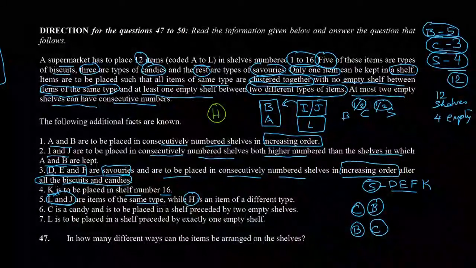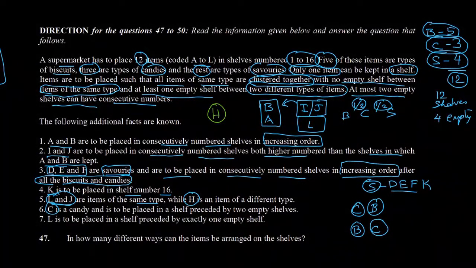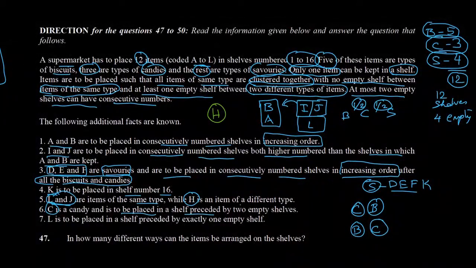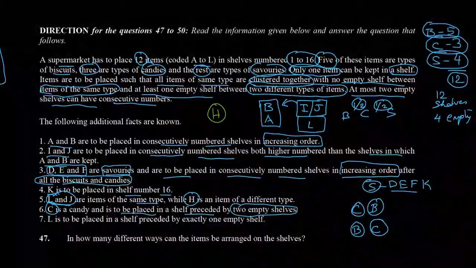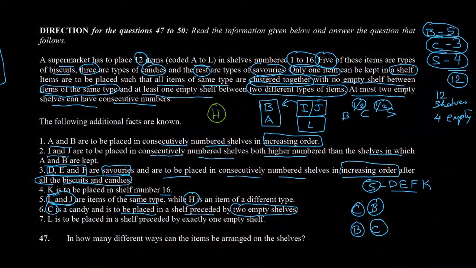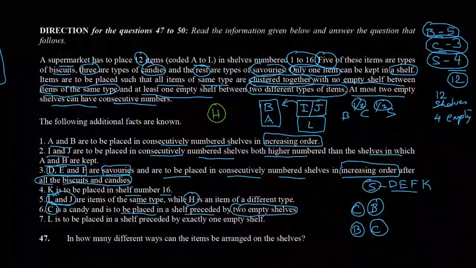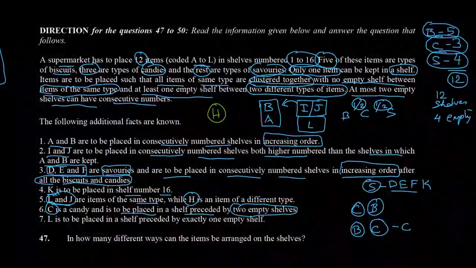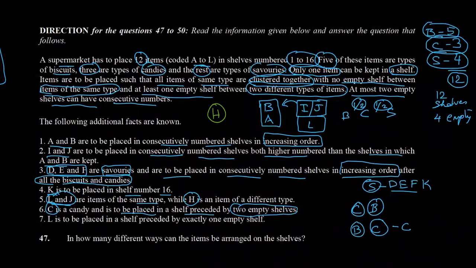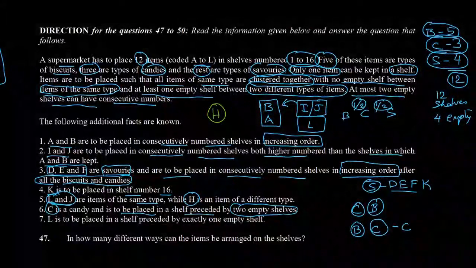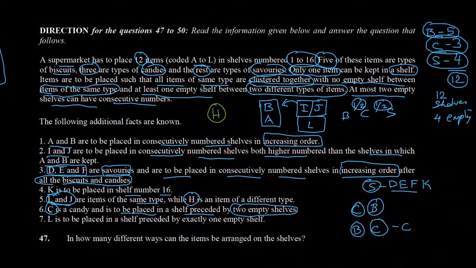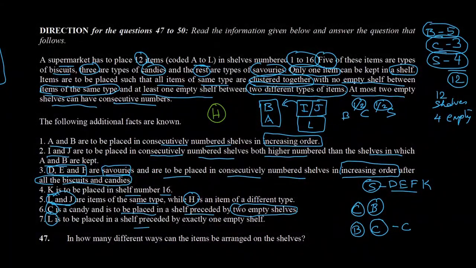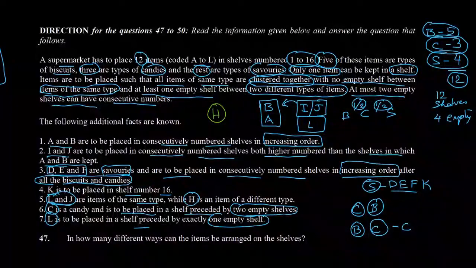Now it is told that C is a candy and has to be placed in a shelf preceded by 2 empty shelves. So we have C as a candy, and it should be placed after 2 empty shelves. And it is also told that L is to be placed in a shelf preceded by exactly 1 empty shelf.